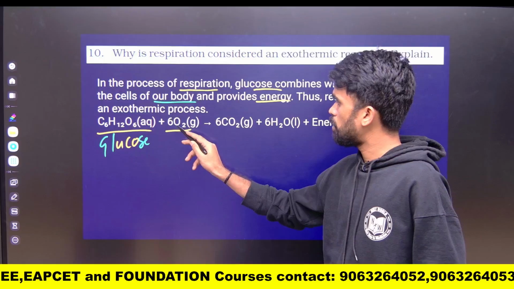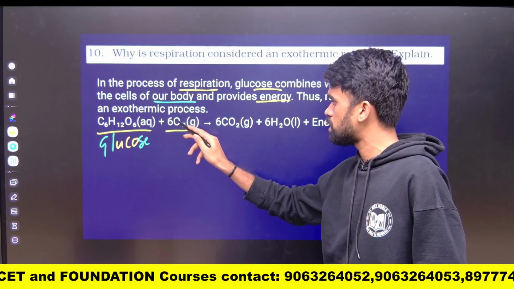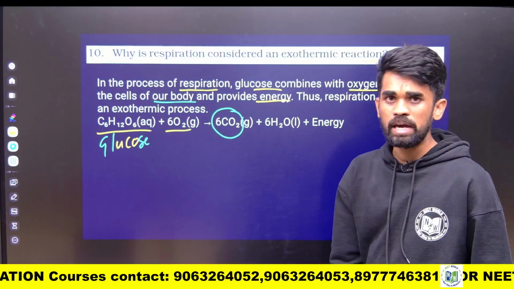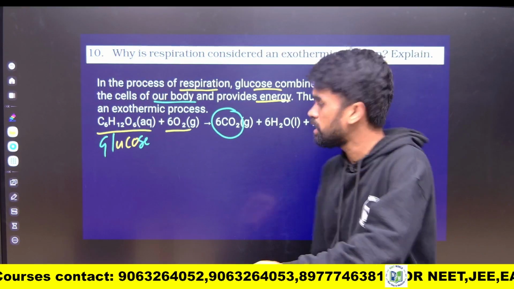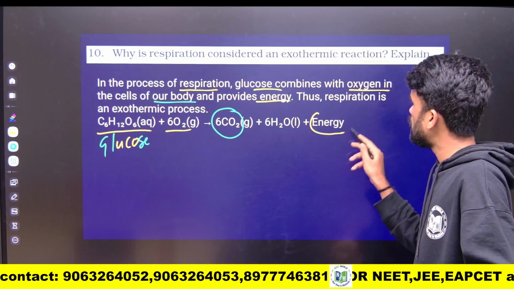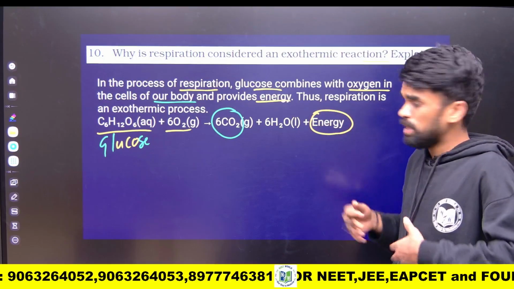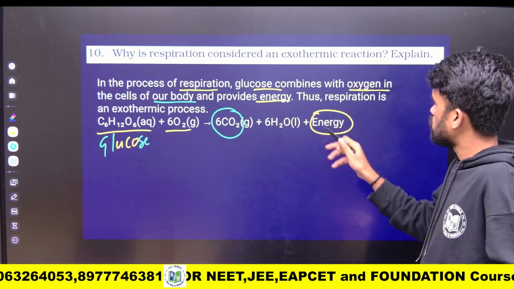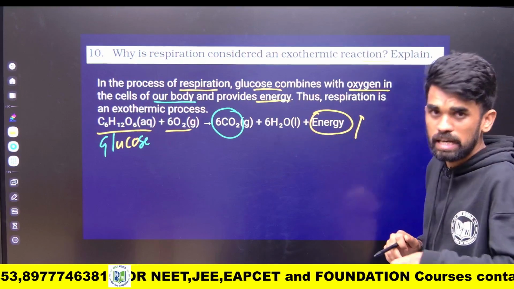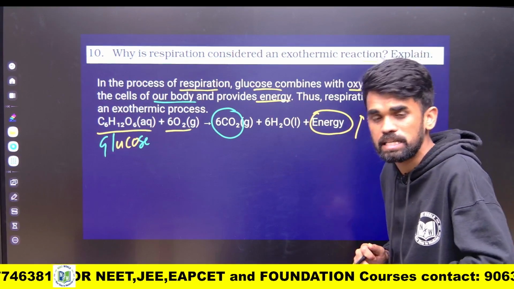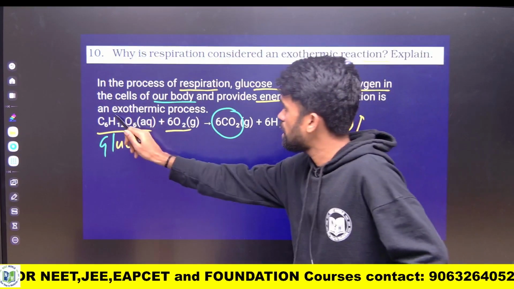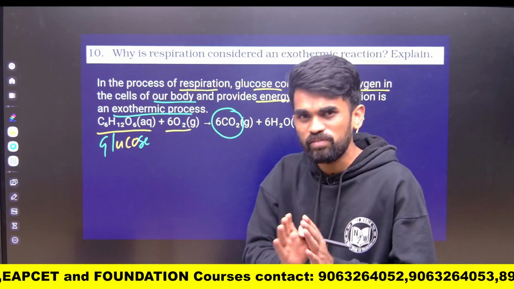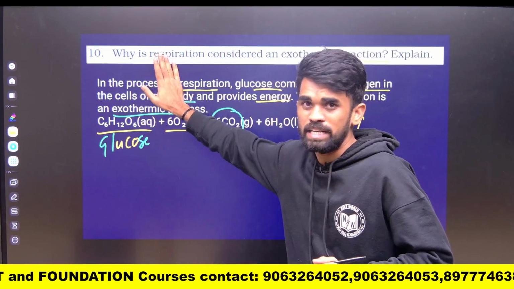It undergoes oxidation to form CO2, which we exhale out, right? And along with that, heat is generated, I mean energy is produced in our body. So energy is produced means energy is released, heat is released. It means the process is an exothermic process. I hope everything is clear up to these 10 questions, right?